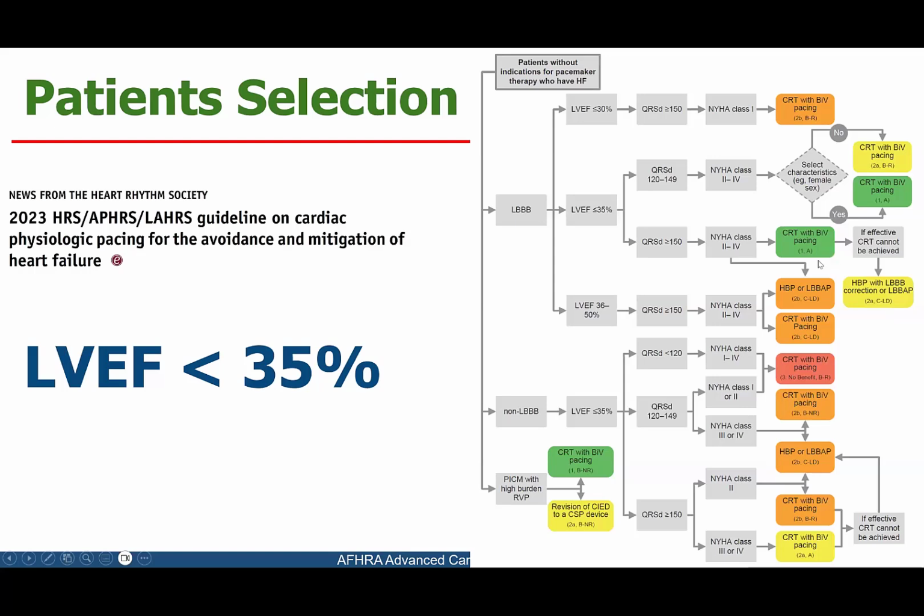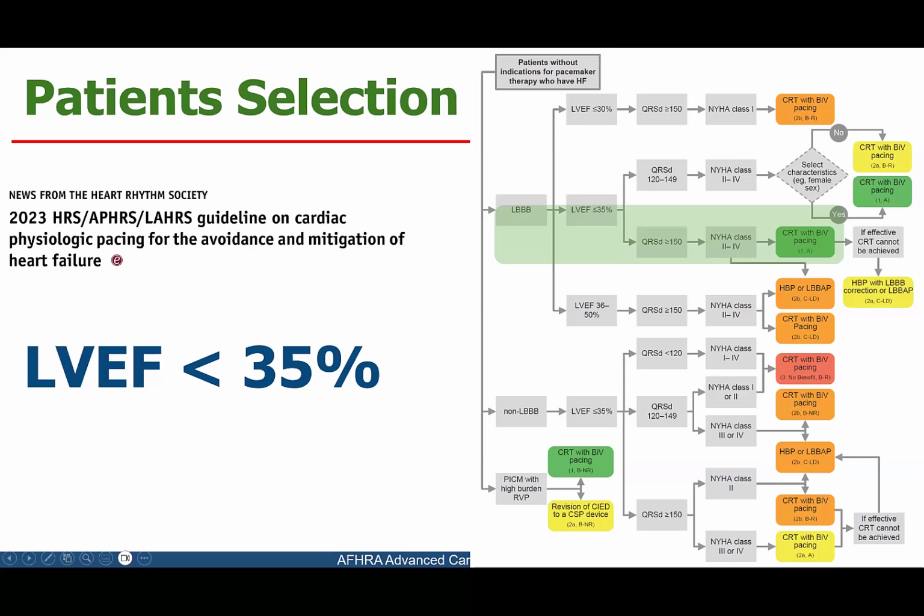The same goes for the second evident indication for CRT with biventricular pacing, in those patients with ischemic cardiomyopathy or cardiomyopathy induced by pacing. They have a clear indication to go for biventricular pacing as the way for cardiac resynchronization.